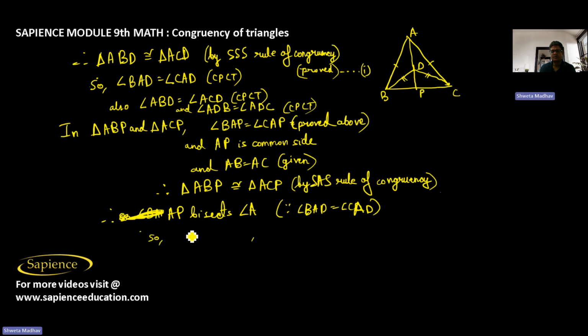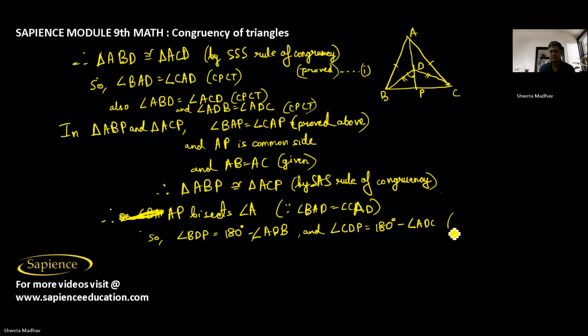So from here only I can say that angle BDP is equal to 180 degree minus angle ADB, and angle CDP also will be equal to 180 degree minus angle ADC, since they are forming a linear pair.